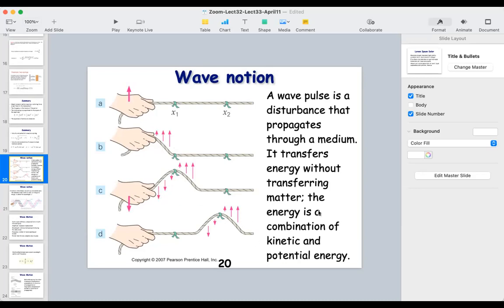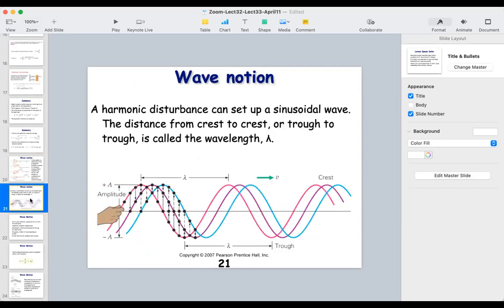This energy is a combination of kinetic and potential energy because it has a velocity, but we also have a different height: here it was 0 and here it is a bit elevated with respect to 0. So we are also changing the potential energy. So wave motion and harmonic disturbance can set up a sinusoidal wave. The distance from crest to crest or trough to trough is called wavelength, lambda.